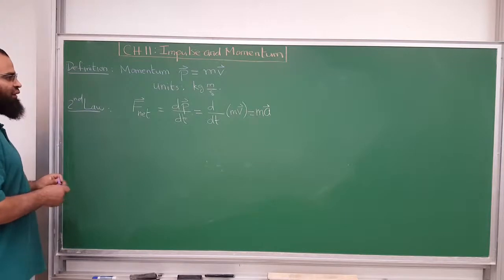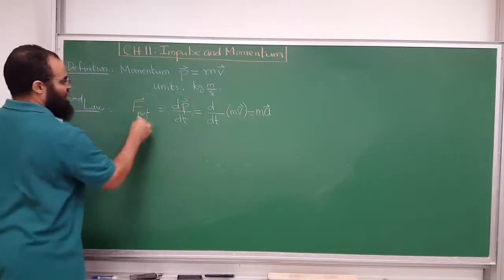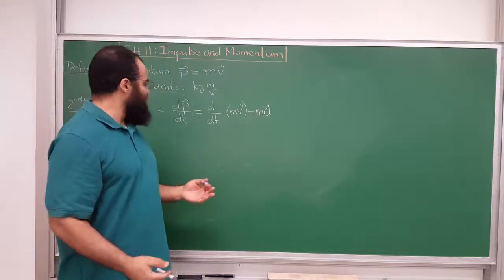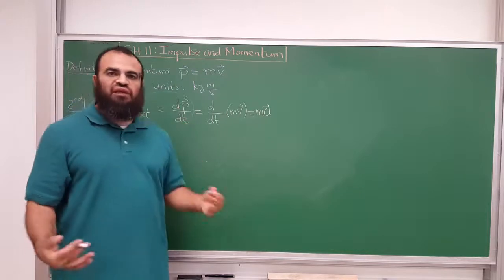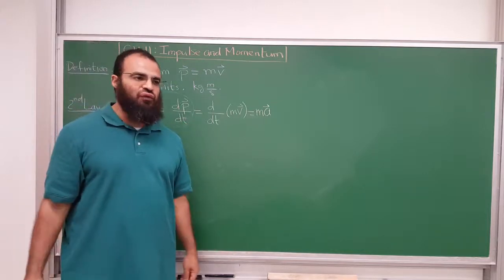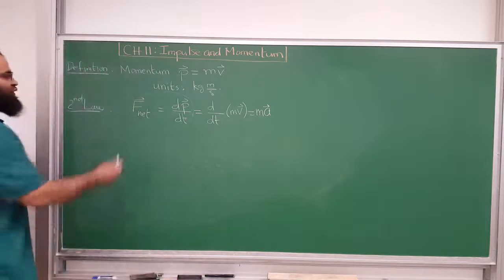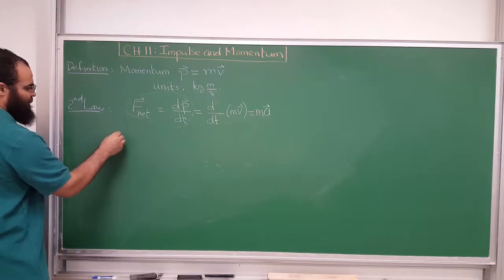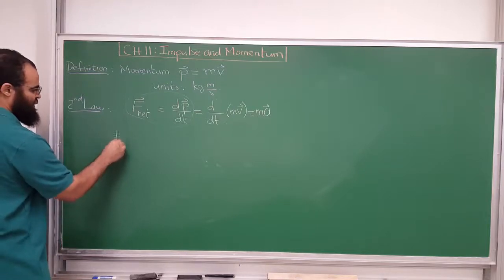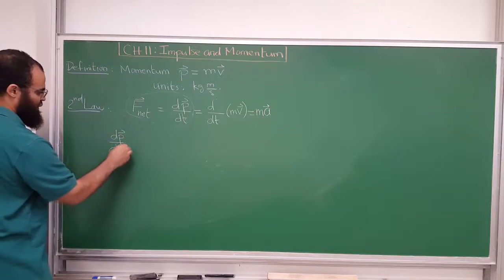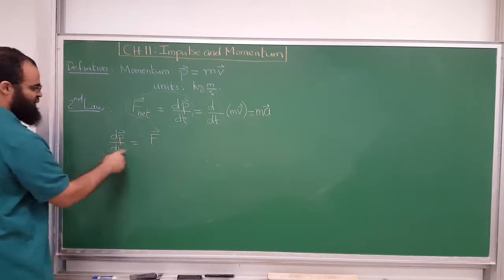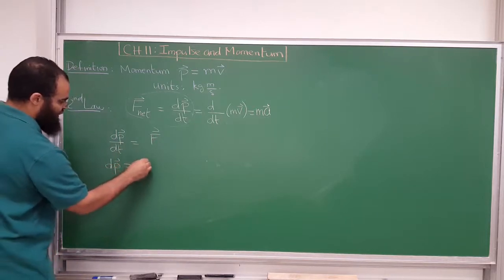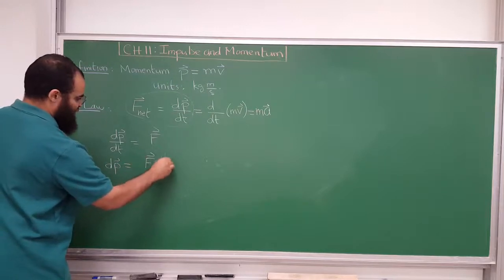That's the second law. From now on, I'm not going to write F net, because when you say F equal to ma or F equal to dp/dt, you mean the net external force on an object. You apply a force on an object, that's what we mean. So we have dp/dt equal to F, and so the differential dp will be F dt.